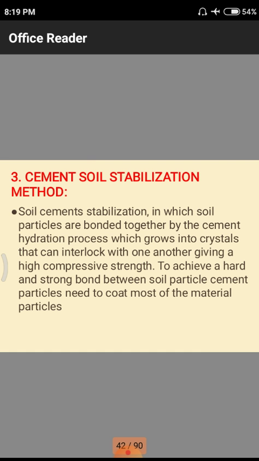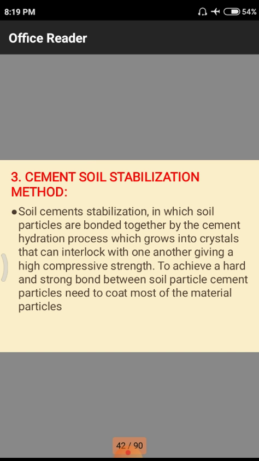To achieve a hard and strong bond between the soil particles, cement particles need to coat the material particles. Whenever we mix soil with cement, they will form crystals. But to get a huge amount of strength, what we have to do is coat the particles.